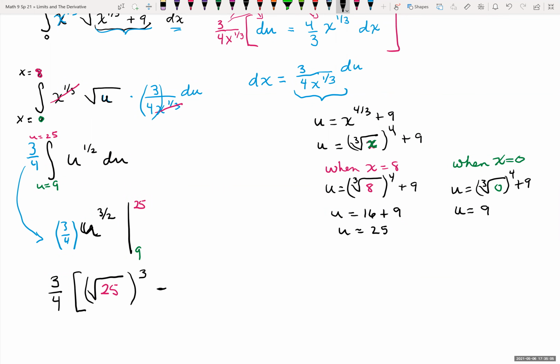Minus, so same thing, square root of 9 cubed. So the number we square to get 25 is 5. And 5 cubed, 5 times 5 times 5, is 125. Minus the square root of 9 is 3, and 3 cubed, 3 times 3 times 3, is 27.